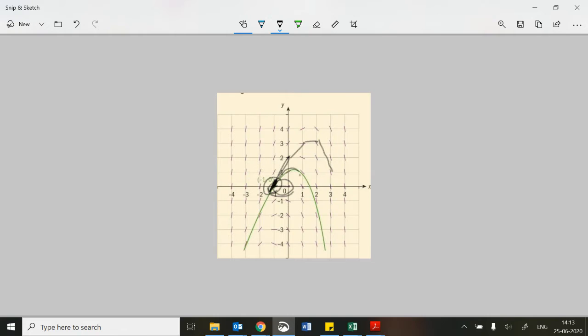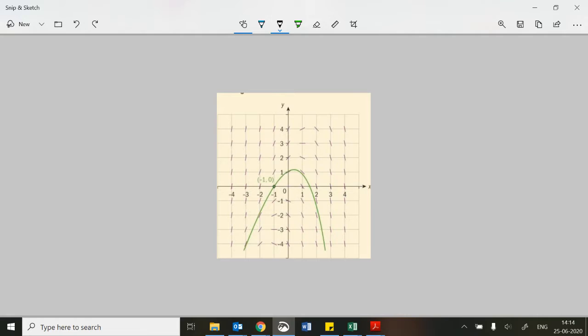We'd still go slightly off, but we would get a fairly good approximation. So instead of going across 1 and up 2 here, we use that gradient of 2 and go across 0.1 and up 0.2. Then we find the gradient at that point, and we do the same process again to follow around the curve.